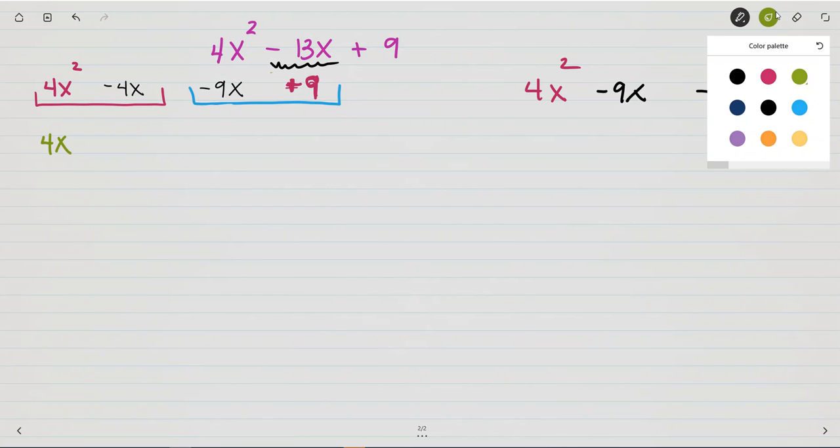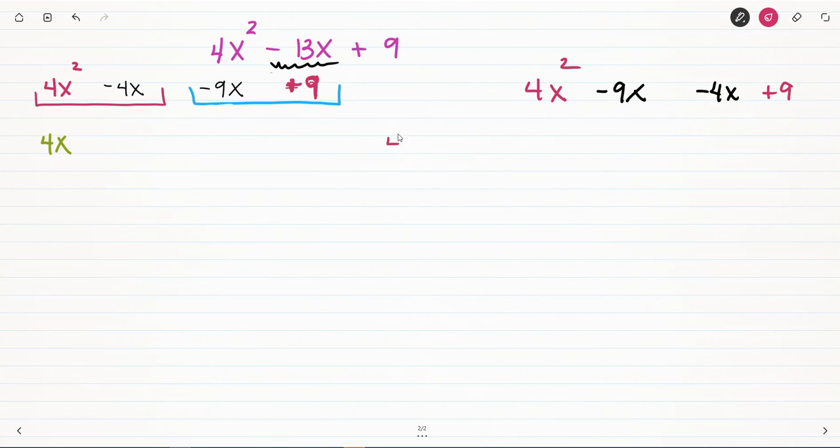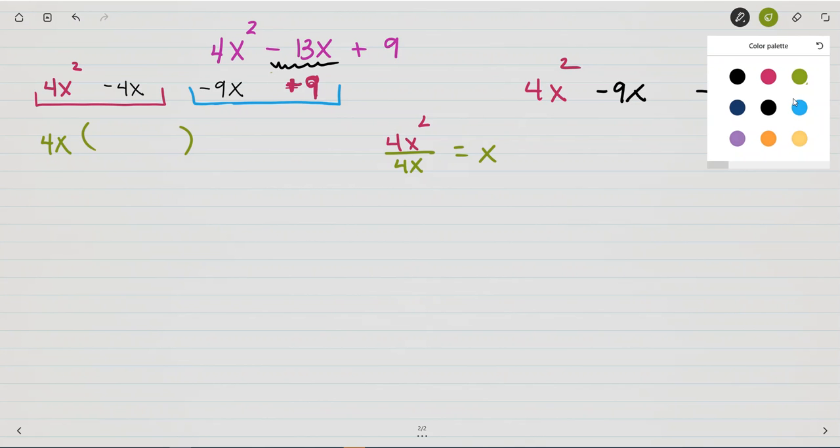Off to the side, what I'm thinking is, here's the 4x squared. If I divide that by 4x, I'm left with x. 4x squared divided by 4x gives me x.